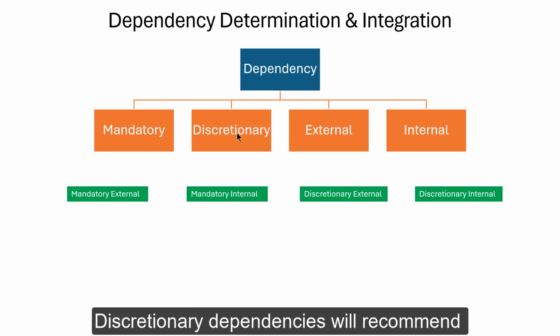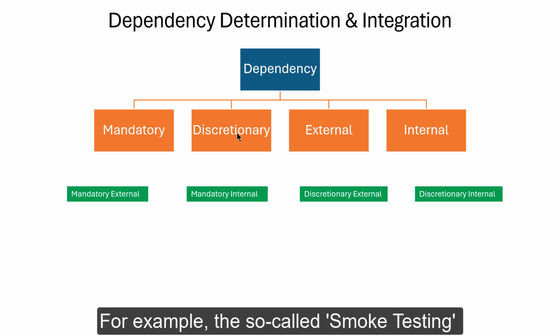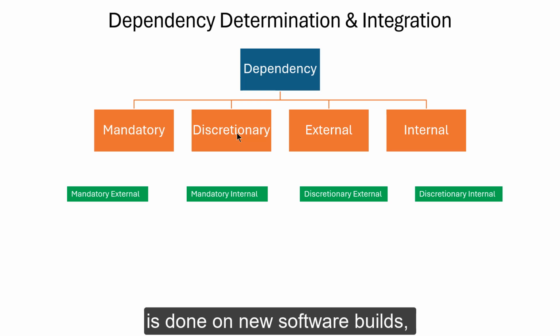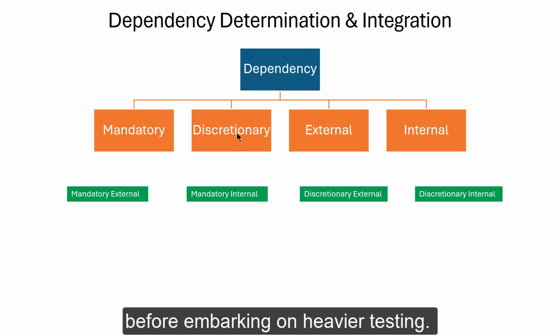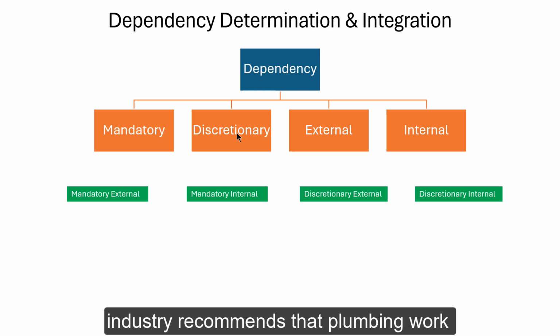Discretionary dependencies will recommend a particular sequence of work amongst many alternate acceptable sequences. For example, the so-called smoke testing is always done on new software builds before embarking on heavier testing. Another example from the construction industry recommends that plumbing work should be done before electrical work.